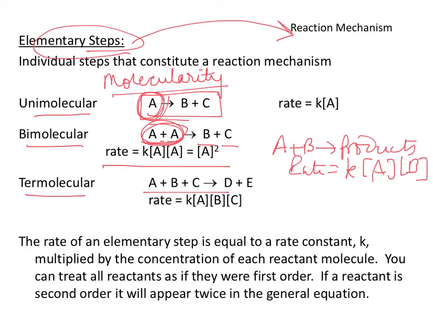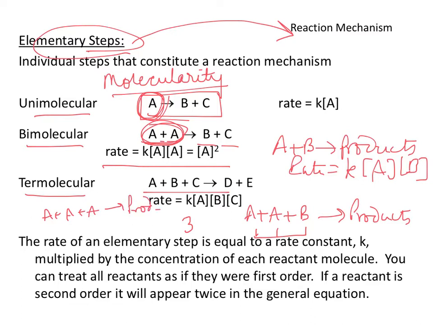Some other reaction kinds one can write: if you have 2A plus B giving you products, that's 1 molecule, 2 molecules, 3 molecules. This must be a termolecular reaction. Likewise, if you have A plus A plus A giving you products, again we have 3 molecules, and so we should call it a termolecular reaction.